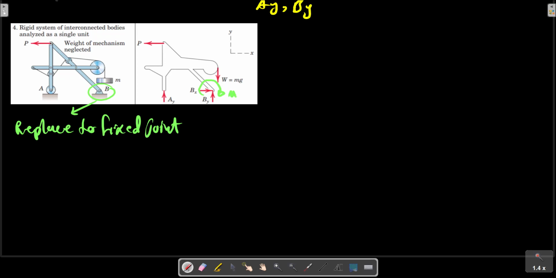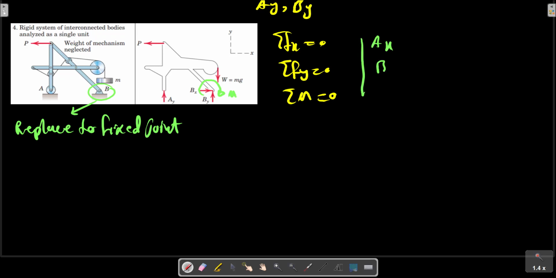In this case also we have three equations and four unknowns, Ax, Ay, and Mb.